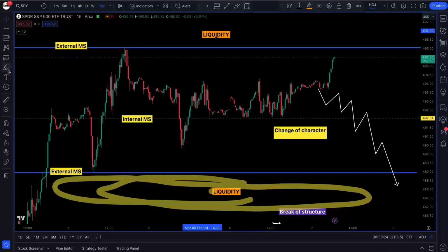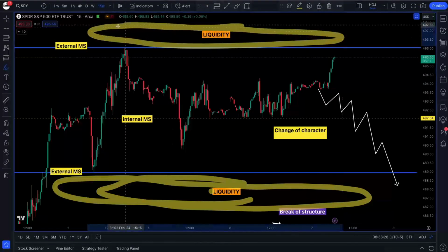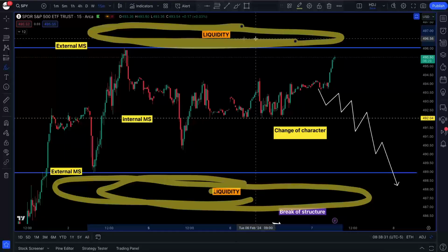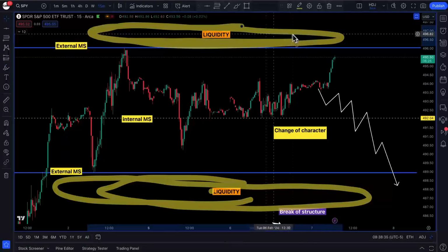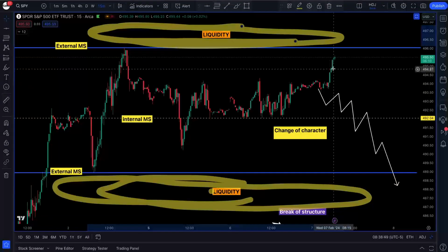So we can assume, since price action is headed to the upside, that we're coming to grab and push into this liquidity. All right, right above this high. There are also orders above that high, below this low. But we're headed to the upside right now, and this is pre-market.